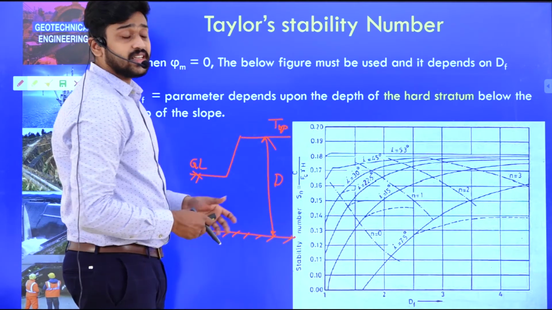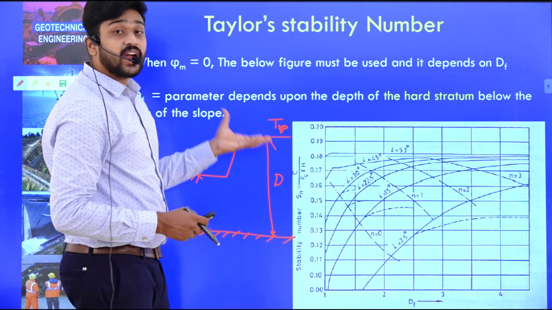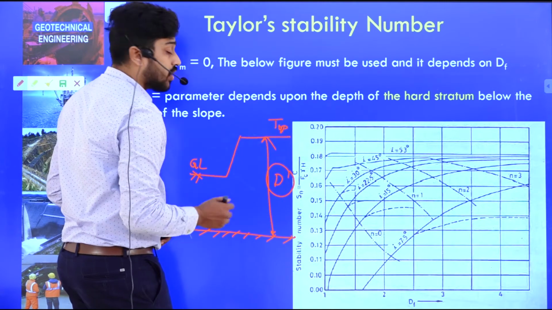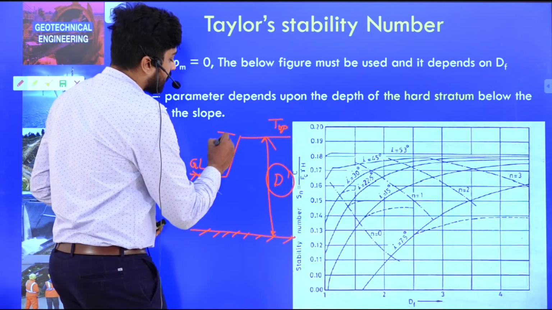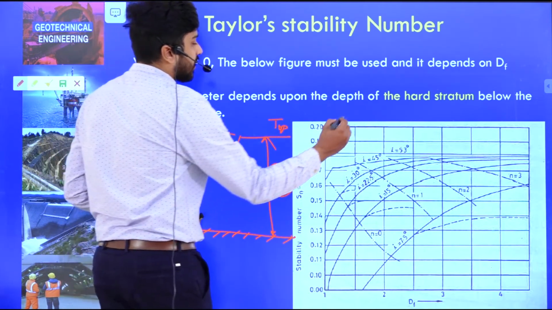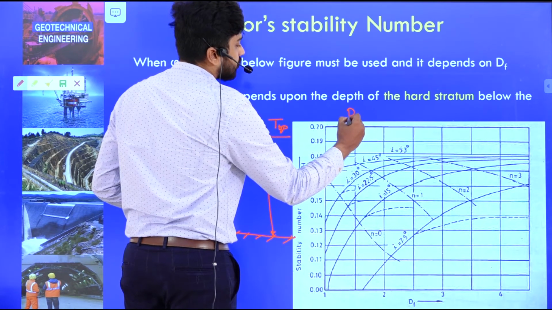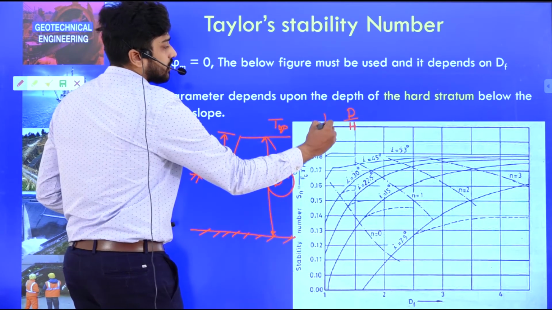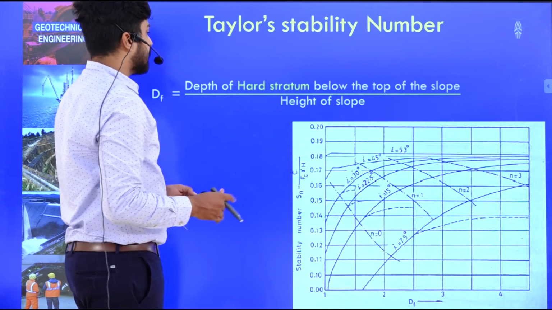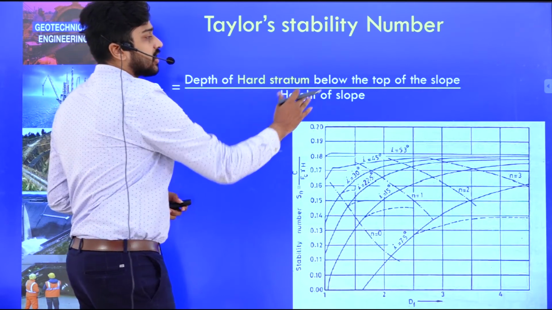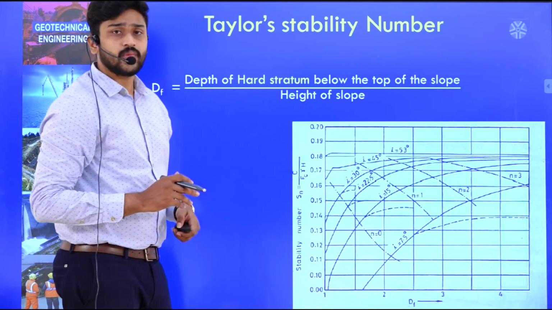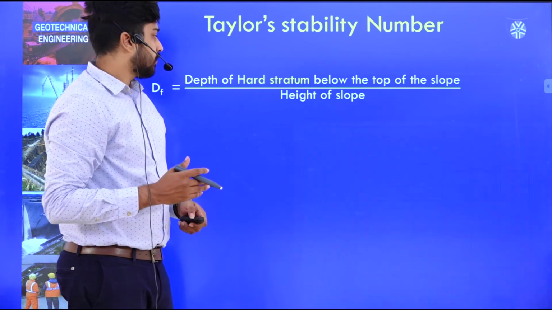Let us say it is d. So the depth factor depends upon the depth of the hard stratum below the toe as well as the embankment height h, so it is given by d by h. df is the depth of the hard stratum below the top of the slope to the height of the slope, that means d by h.